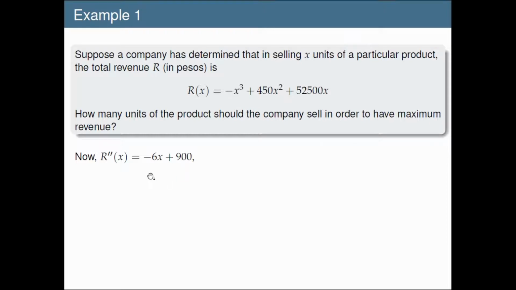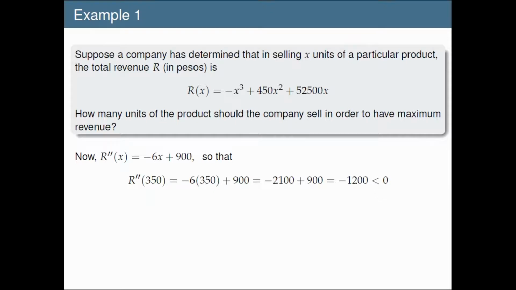Substitute X equals 350 here. We get R double prime of 350 equals negative 6 times 350 plus 900. Negative 6 times 350 is negative 2,100. Adding 900, we get negative 1,200, which is less than 0.